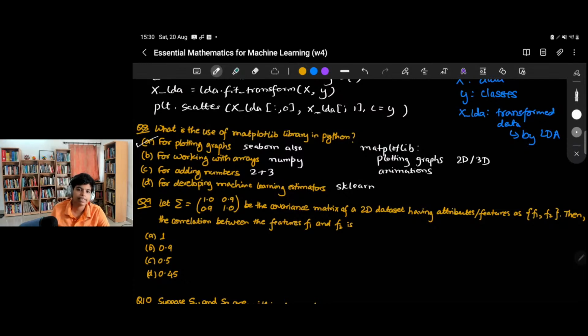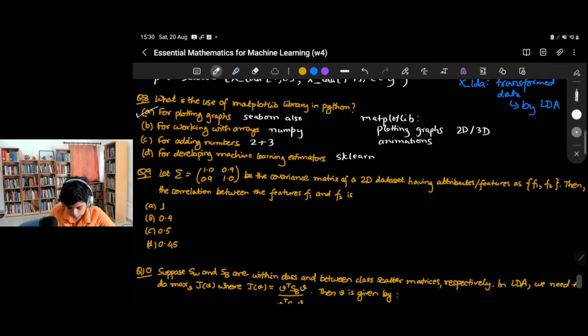So 2D, 3D animations you can make in matplotlib. Not just static visuals, you can also have dynamic visuals, which are animations, with the help of the matplotlib library. You can check out animations in matplotlib. A simple code is there, you can use that for making animations.